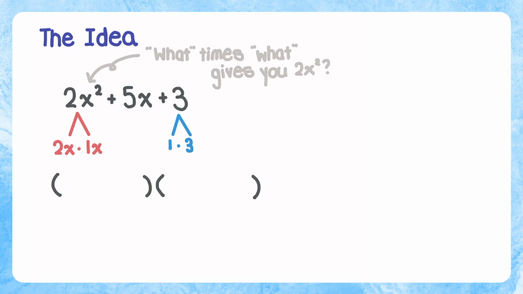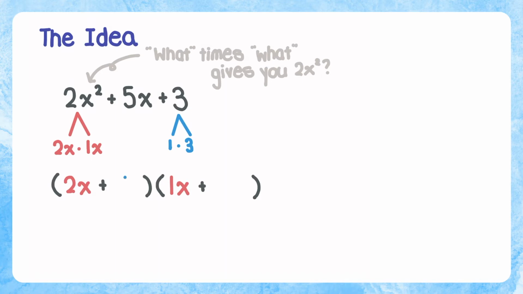So the 2 parentheses. And then I'm going to fill out the first parts with the 2x and the 1x. And then this next part, it's going to feel like you're guessing and checking, which is true, but you're not just randomly guessing. Eventually you're going to have these little tips and tricks that'll help you guess more efficiently.